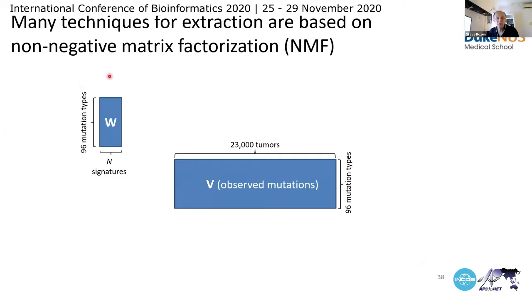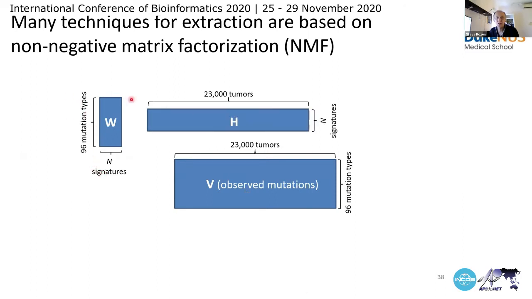And we want to find a factorization that approximates the matrix V as the matrix product of signatures. So we have a bunch of signatures of 96 mutation types, and exposures or coefficients of each of those signatures in each tumor. So we want to do an approximate factorization.